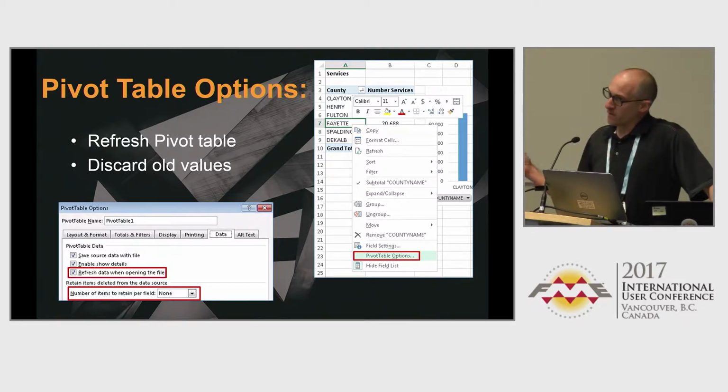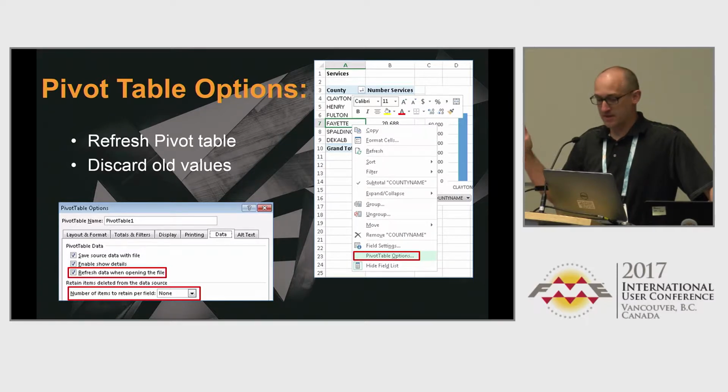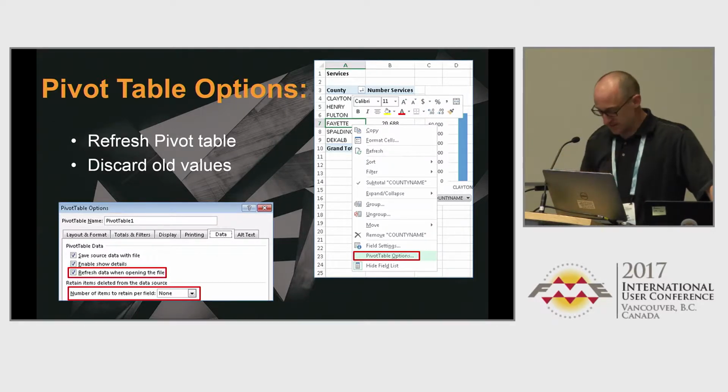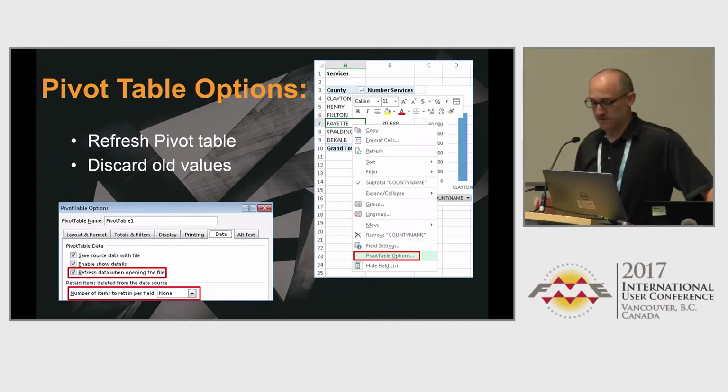So when the pivot table has Baldwin in there, that county, and I write new data in where Baldwin isn't part of that data set, if this is not set to none, Baldwin will still display when you go to filter that pivot table. If you set this to none, it'll purge that old data, and when they go to filter the tables, they'll only see data that's relevant to them.